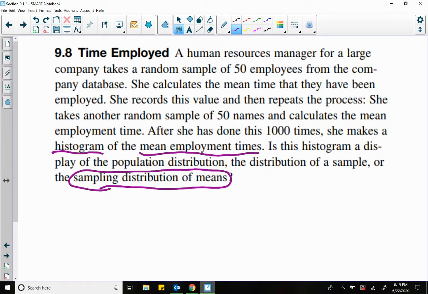And this doesn't represent the population, because she's not taking everybody, she's not finding everybody's times and calculating the mean. And it's not a distribution of a sample, because she's doing this for more than one sample. She does this 1,000 times. So this is that sampling distribution of sample means I was talking about.